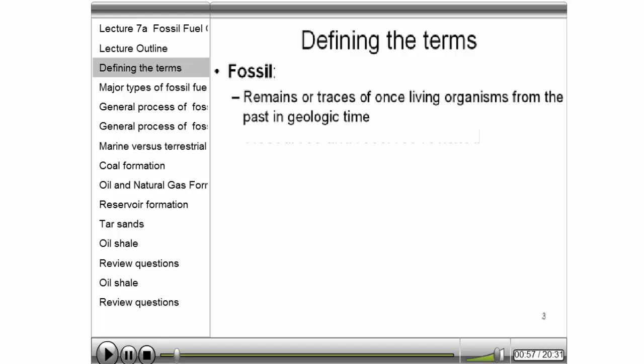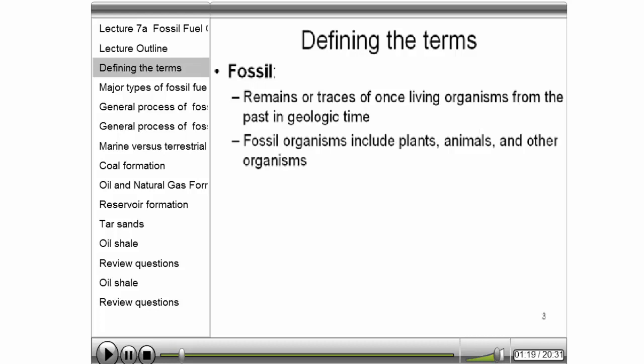Something of a textbook definition, which varies but is generally referred to as the remains or trace of something that was once living in the past, and generally we're talking about things that were living in geologic time, or generally tens or hundreds of thousands to millions or hundreds of millions of years ago. The organisms involved may be plants, animals, or other microscopic organisms.